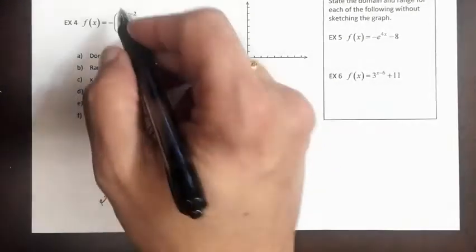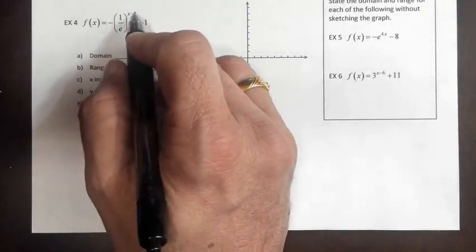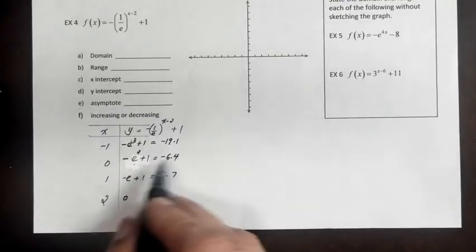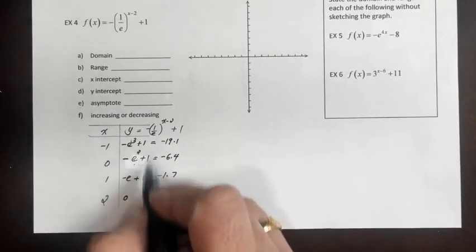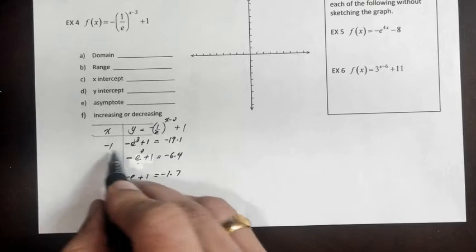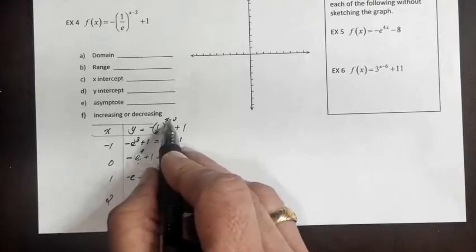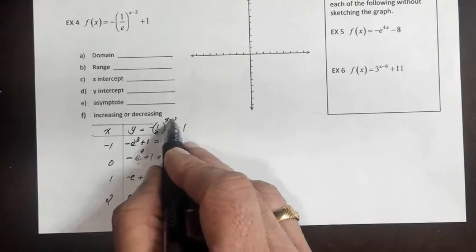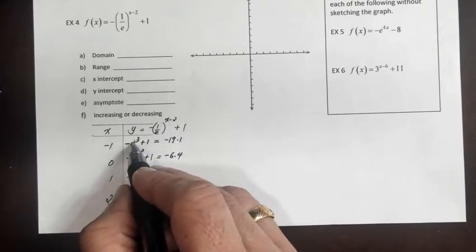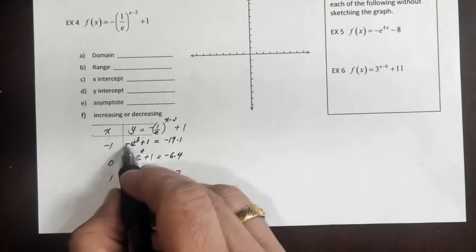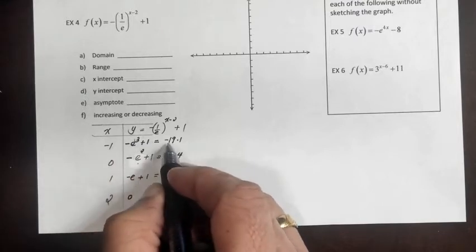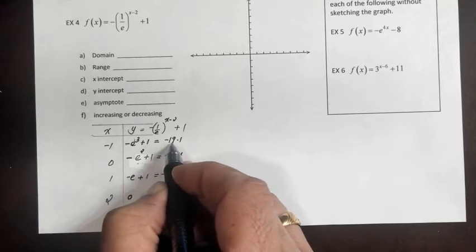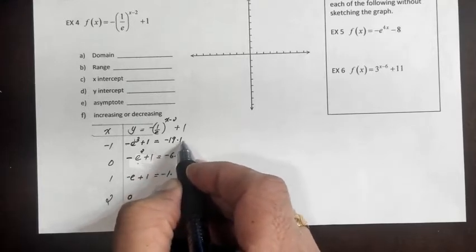Let's talk about this example: -1 over e to the power of x minus 2, plus 1. Let's throw the values in here. I have just made the table. When x is equal to -1, you can see that -1 minus 2 is -3. Since it is a reciprocal of e, the -3 just flips the fraction, which is -e cubed plus 1. From the calculator, the value is approximately -19.1.